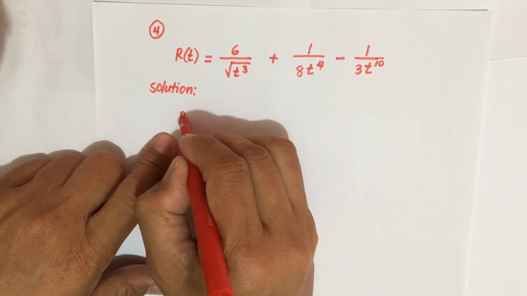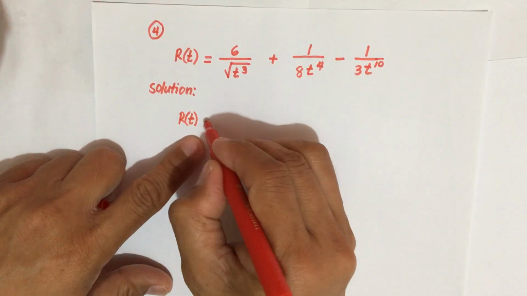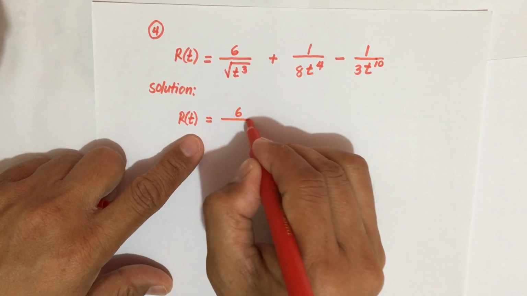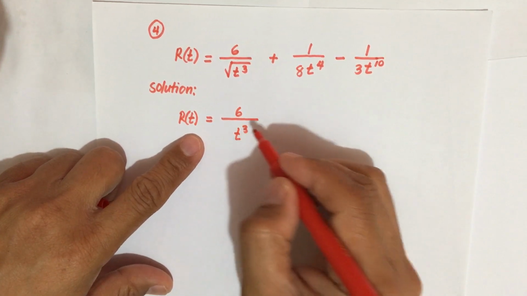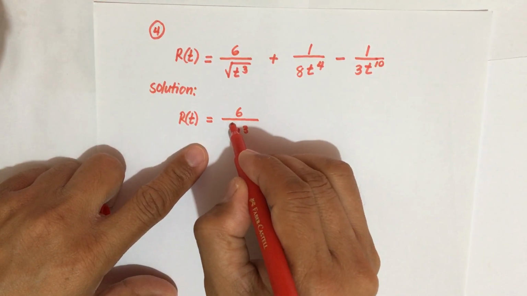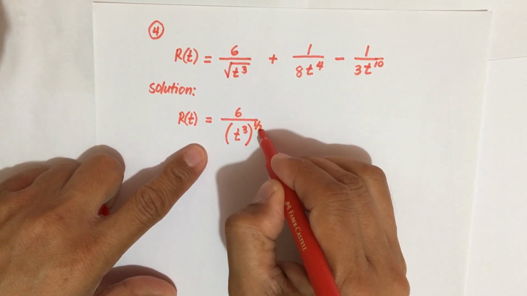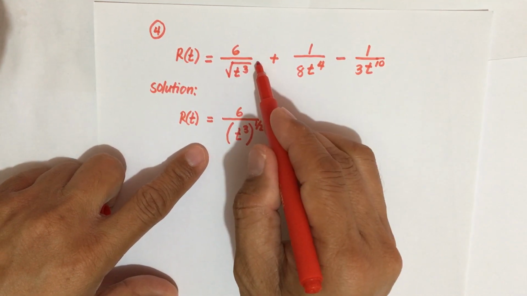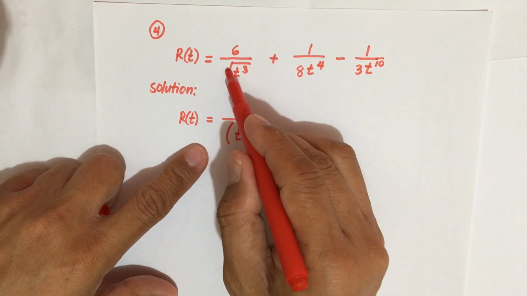Alright, so rewriting this, we have r as a function of t equal to 6 divided by, our variable is t, and we know that this is a square root. Square root, if you can still remember in our previous discussion, means power of 1/2. If you have the square root of a radicand, you can express this as the radicand raised to the power of that index.